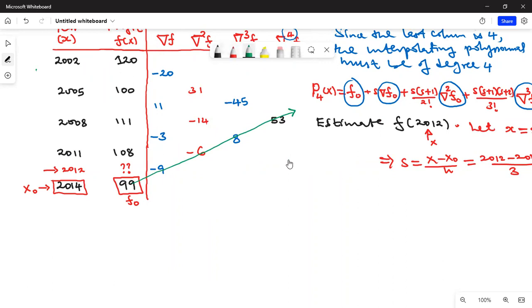So this value here is the same as backward of F naught. This other value is the second order backward of F naught, so backward squared F naught.